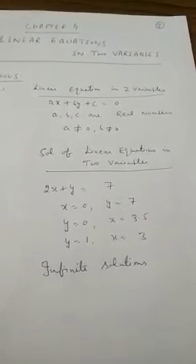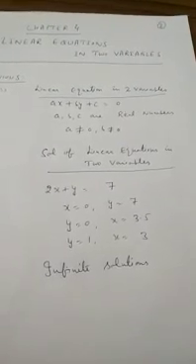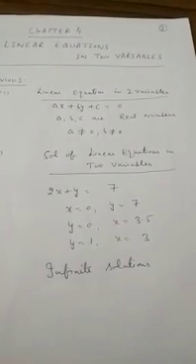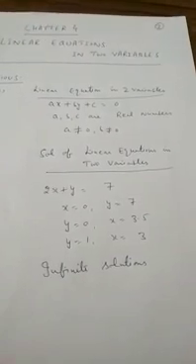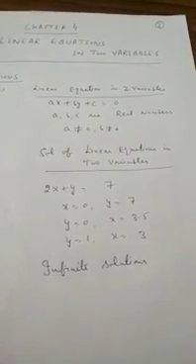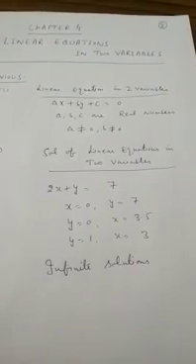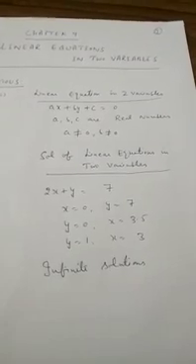In this equation, if x is 0, y will be equal to 7. If y is 0, x will be 3.5. Suppose I take y as 1, then 2x will be equal to 6 and x is equal to 3. In this way, we can find infinite solutions for a linear equation in two variables.